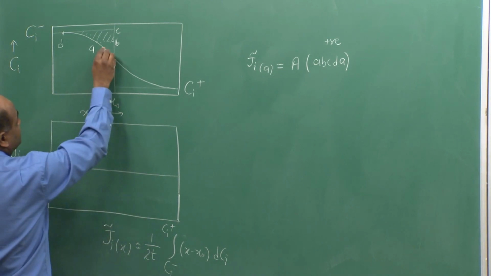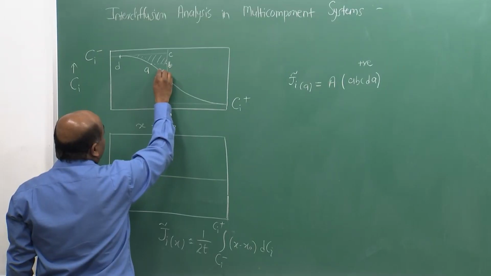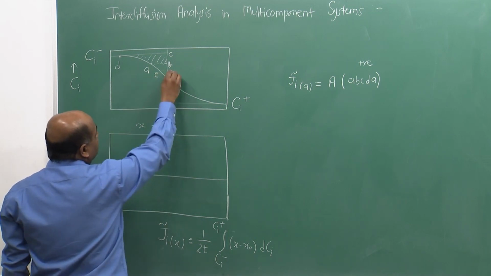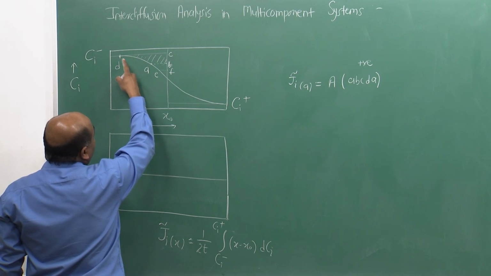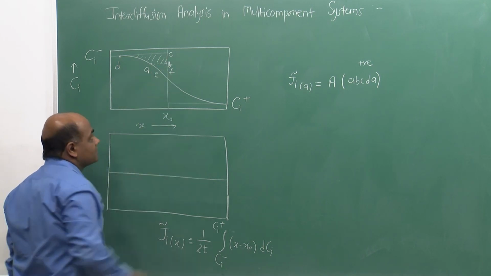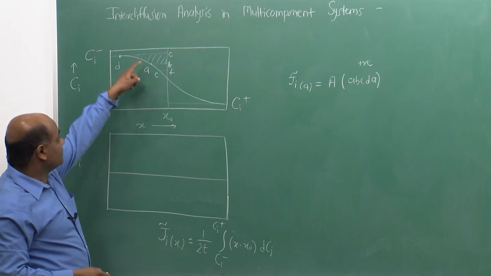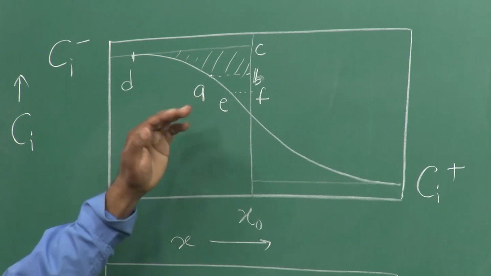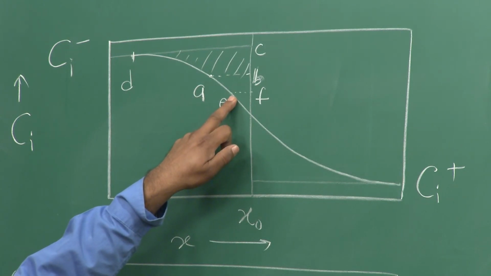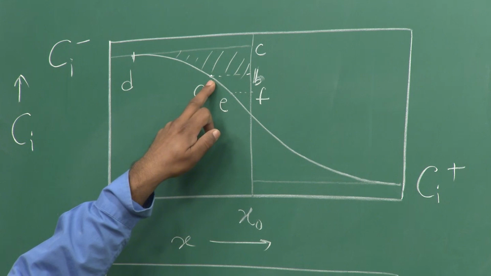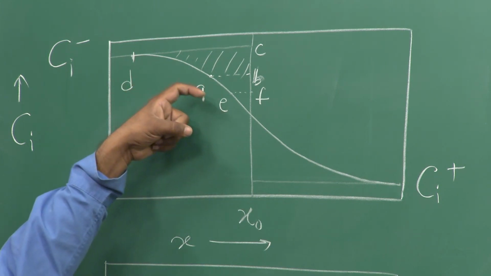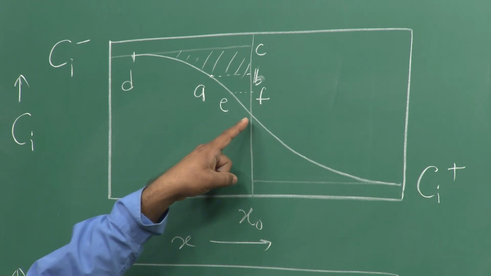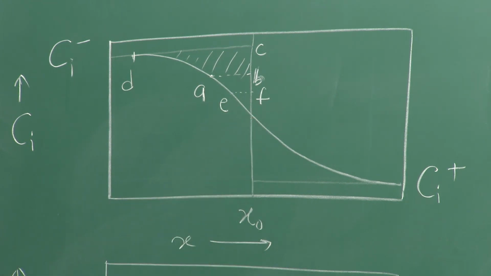If we determine flux on the left side of the Matano plane, but at a different location, let us say E here, then we need to consider this area AEFC, which is again positive and greater than the area ABCD. So, the interdiffusion flux will be higher at point E than at A, and we can see the interdiffusion flux is positive and it is increasing with x until we reach this position of Matano plane x naught.